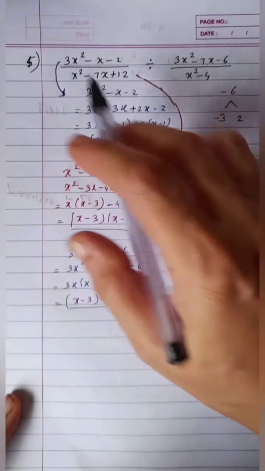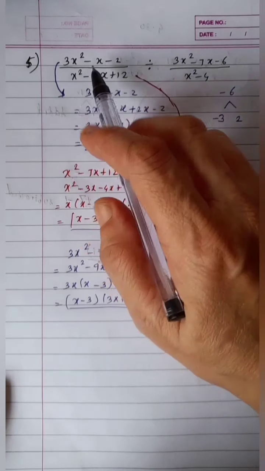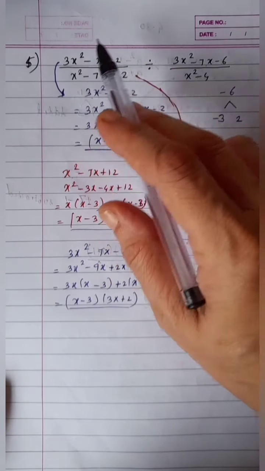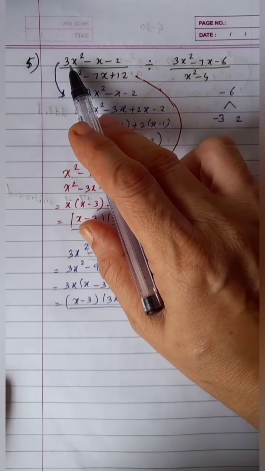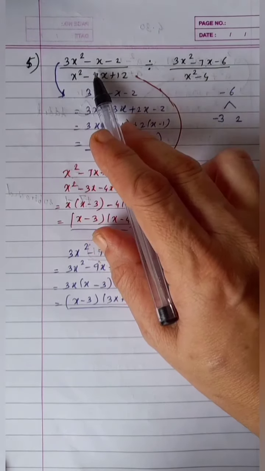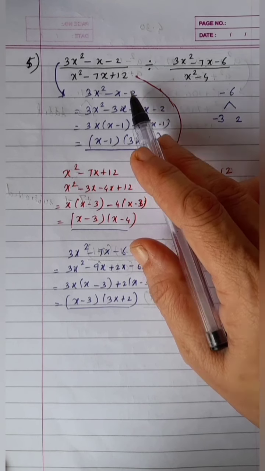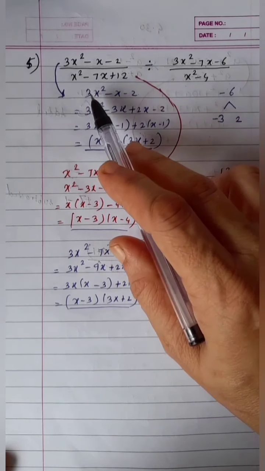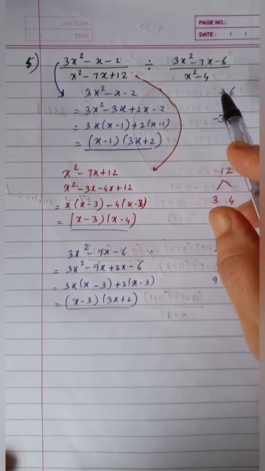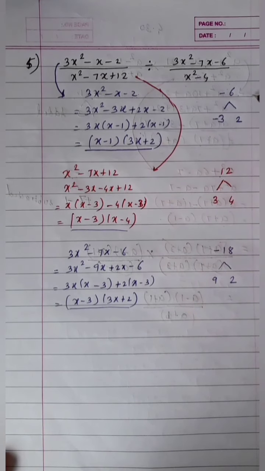Question number 5. Let us see how to simplify this. Here we need to find the factors of each algebraic expression. The first one is 3x square minus x minus 2. When we factorize this, we find the product of the first term and the last term, that is 3 into minus 2, which is minus 6.